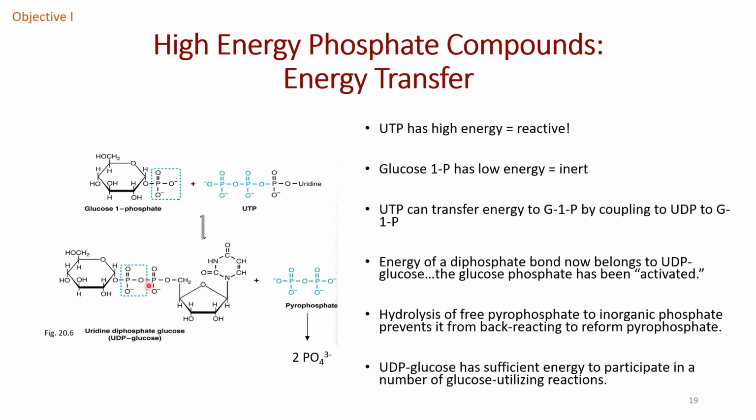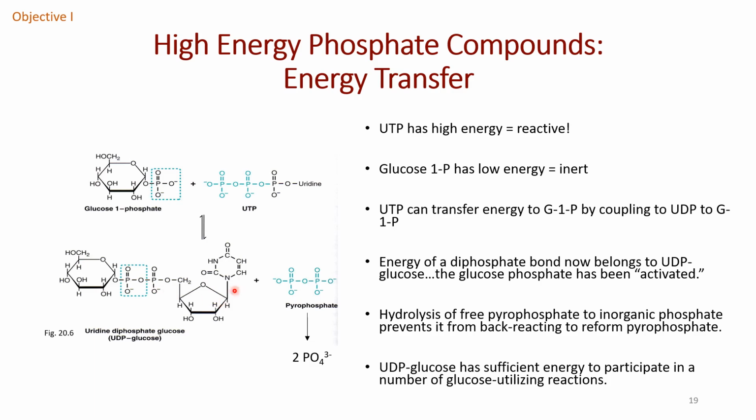And you have created a phosphate-oxygen-phosphate, that phosphoanhydride linkage. And so now this glucose molecule has every bit as much energy as a diphosphate molecule like an ADP or a UDP or whatever. You greatly increase the energy status of this molecule. And that's because you took the energy of the phosphate and you incorporated it into that molecule.